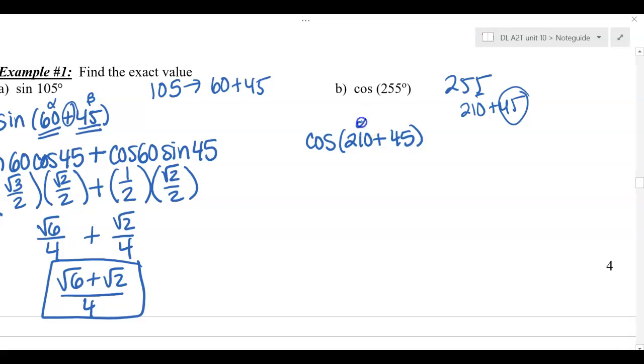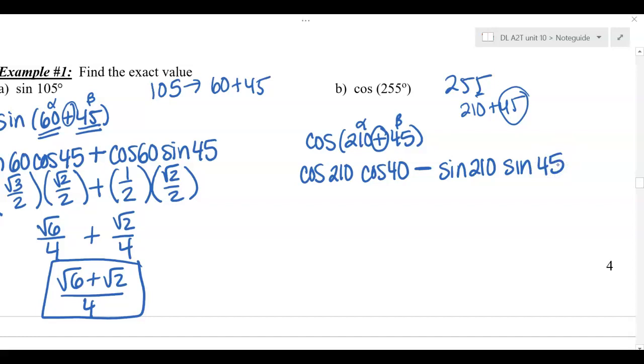And again, 210 is my first angle, my alpha, and 45 is my second angle, my beta. And now look closely at your cosine formula. It says cosine of the first angle times cosine of the second angle. But then when the formula has a plus, it has a minus on the other side of the formula. And then it does sine of the first angle times sine of the second angle.